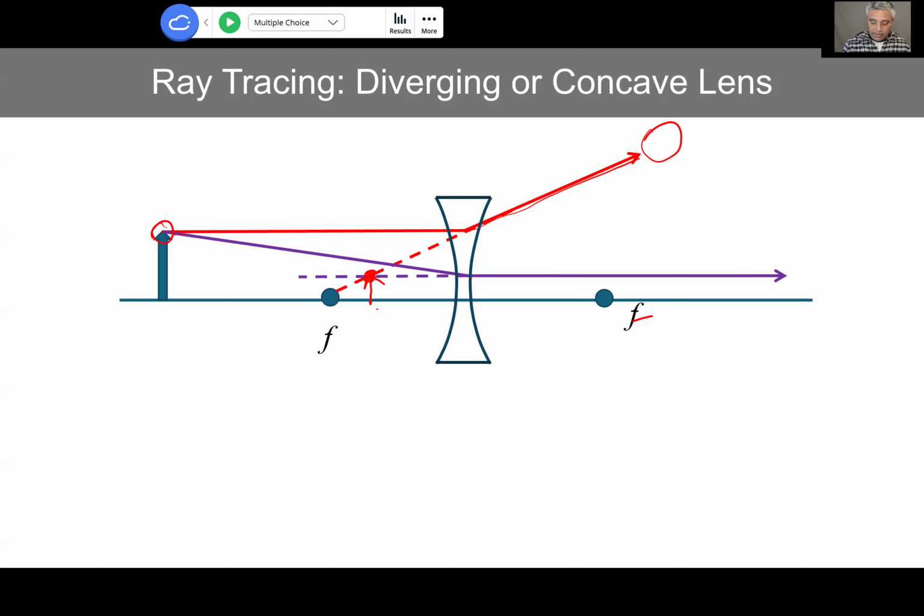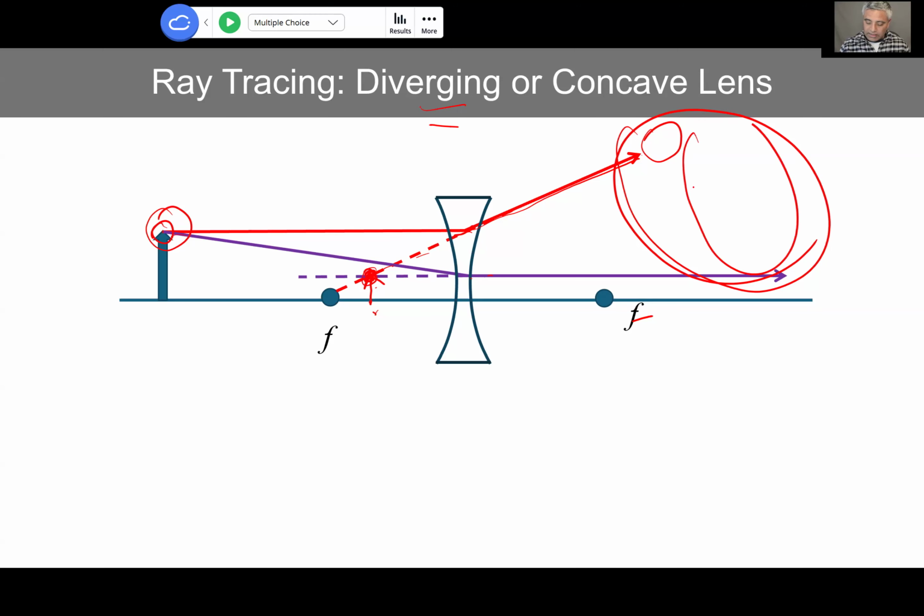Okay. So this image is upright, just like the object. And since the rays of light are not exactly meeting there, see, they are diverging here. So that's the name diverging lens. Because of that, we have to back produce them. And when we look from this side, the rays of light appear to be coming from this point here.